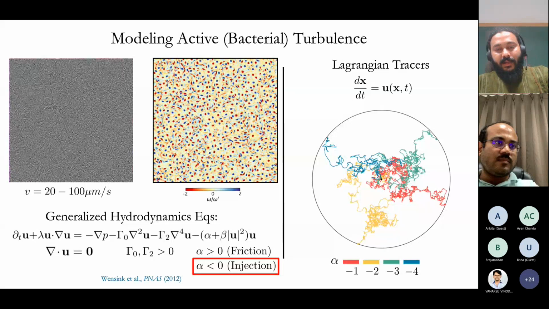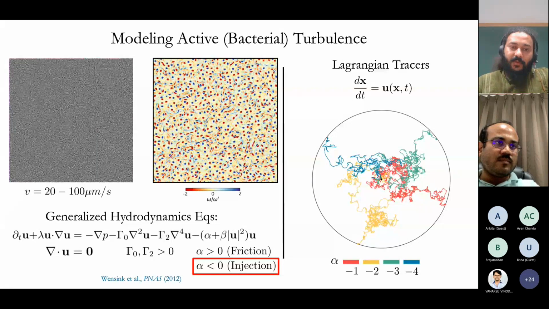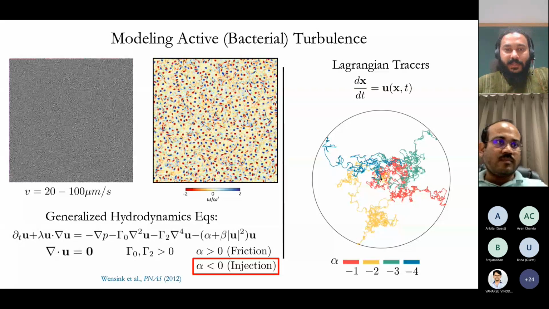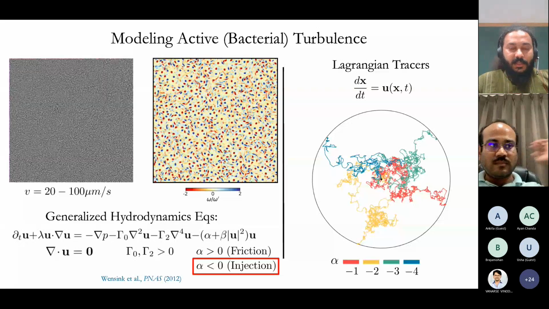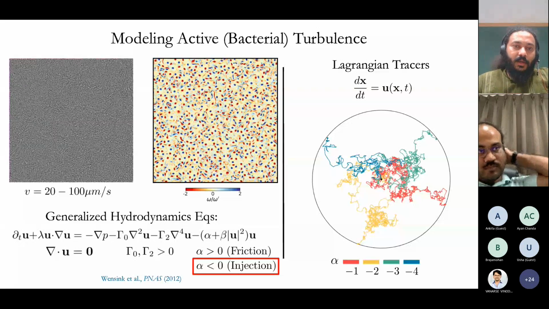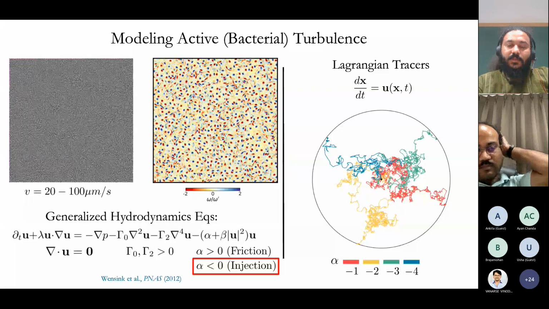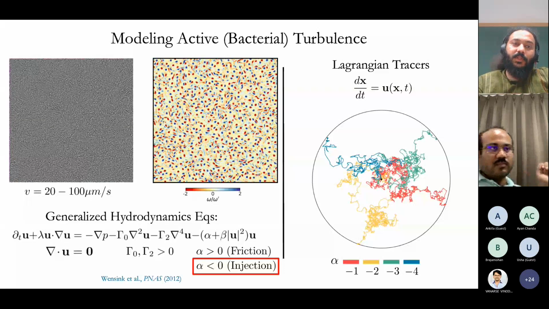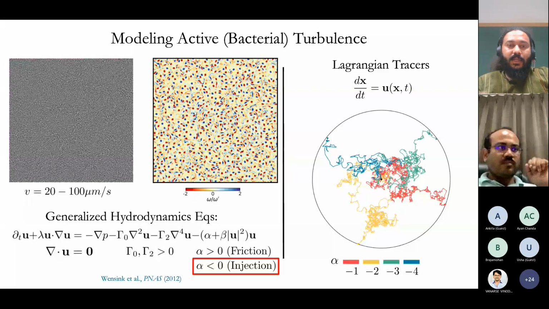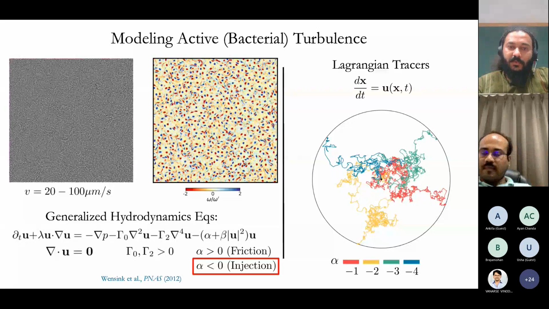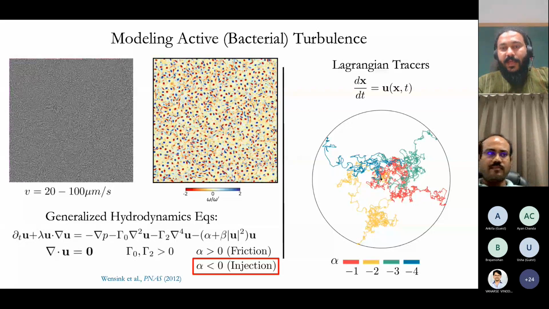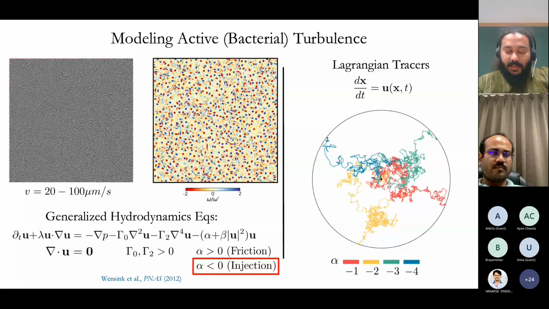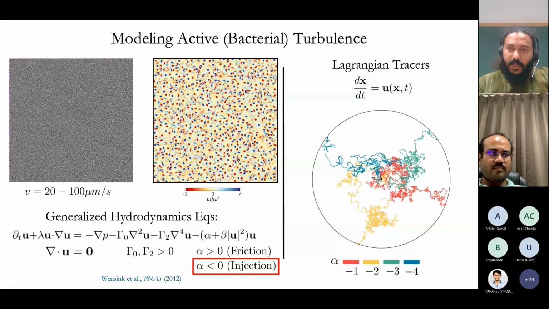The only thing that will vary for this talk is alpha, where we inject sometimes more energy, sometimes less. If you simulate this equation on a periodic domain, you see the movie in the center, which shows you the vorticity field for this bacterial turbulence. Here you really see these counter-rotating vortices moving around. And to this, we add Lagrangian tracers, which are simply particles that follow the flow.